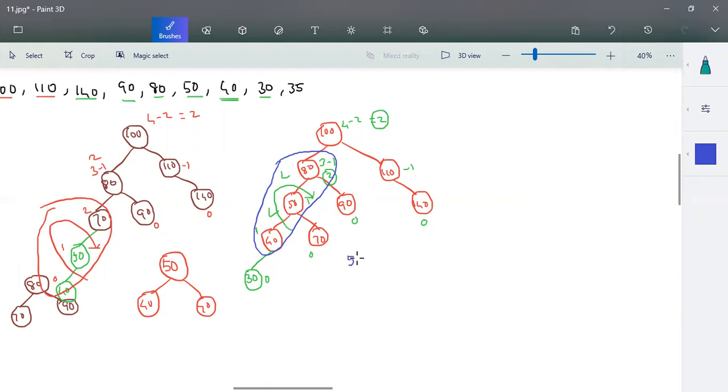So when you are performing the clockwise rotation, 50 will become the root and 40 will remain as it is. And we have to pull 80 down. So 80 will be moved down, and listen carefully, 90 is there as the right side child for 80 and that will remain as it is. Now what do we do with this 70?